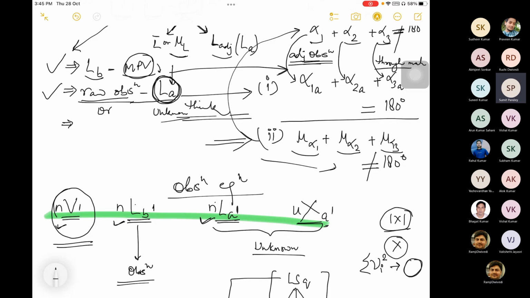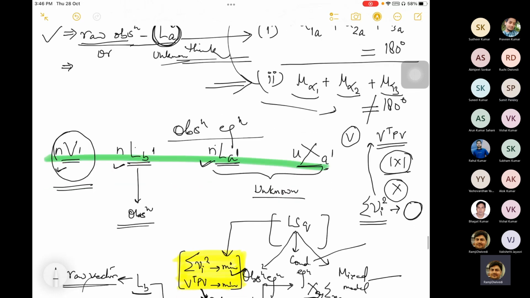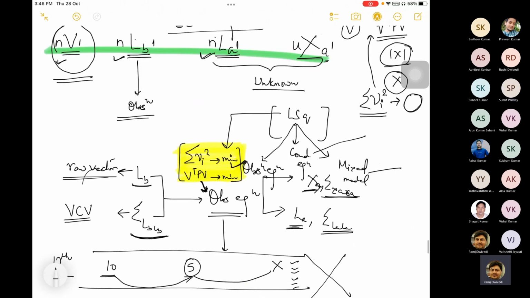You must think before speaking about what has been asked. The summation of vi square is an entity, and its matrix version is V transpose P V. That product is a value, not V. V is an n cross 1 matrix.